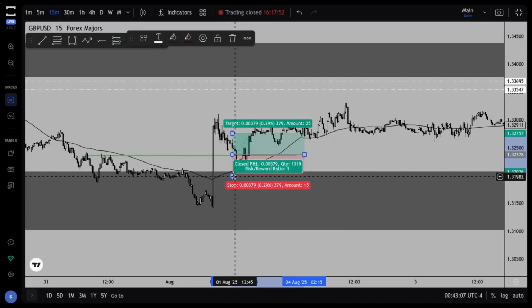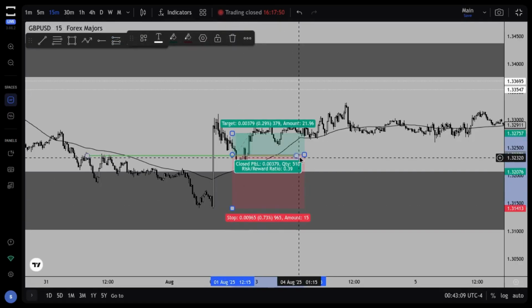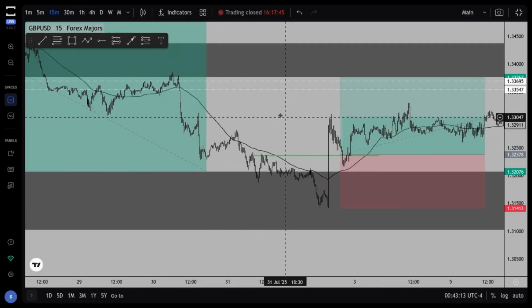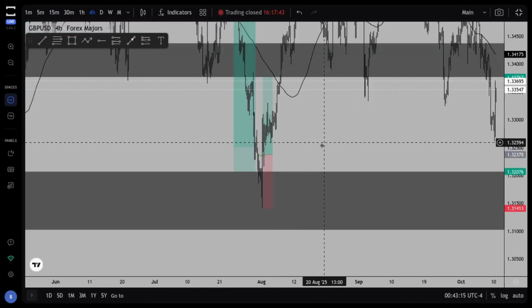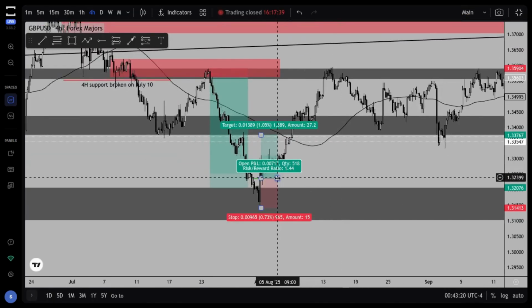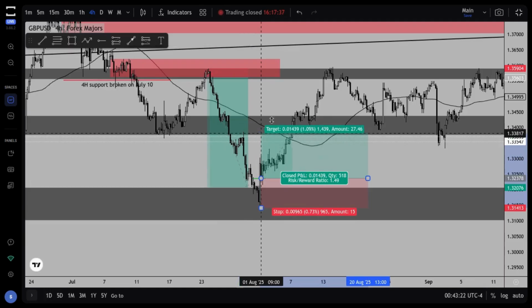Okay, so again, going down to the 15-minute, once it gets to your support and resistance areas, you can clearly see another break of structure. Here is where you could have caught those buys back up to the spinning top.